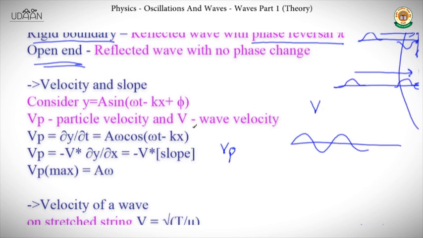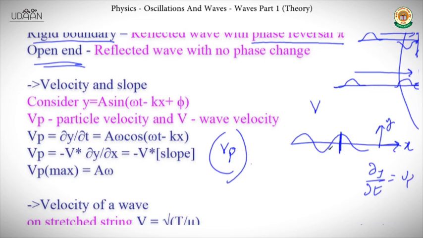How do we calculate vp? The particle is oscillating along the y-axis, so dou y by dou t gives you vp, and that is what we did here. With a few other manipulations, we get vp as minus v dou y by dou x.